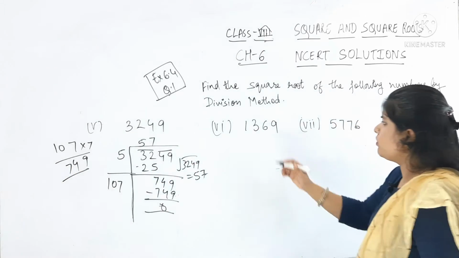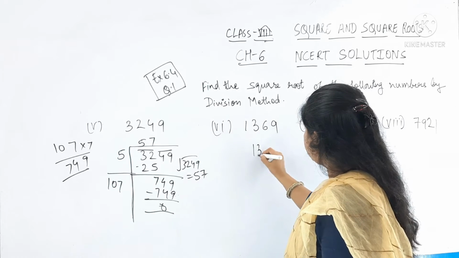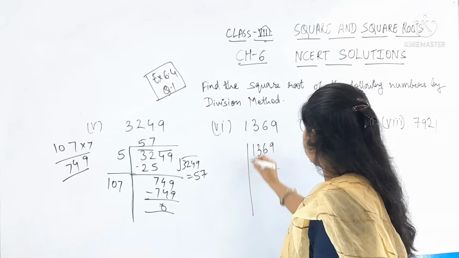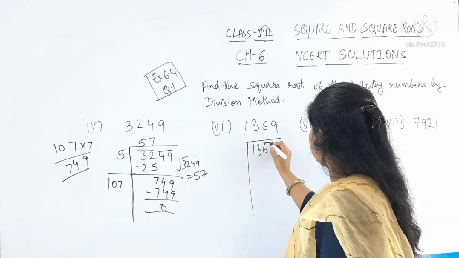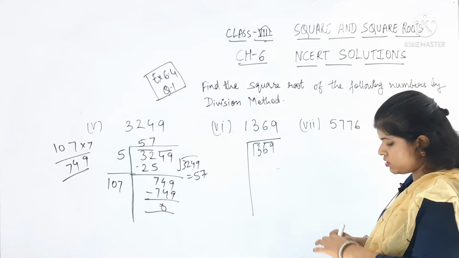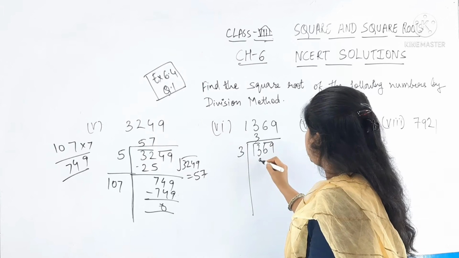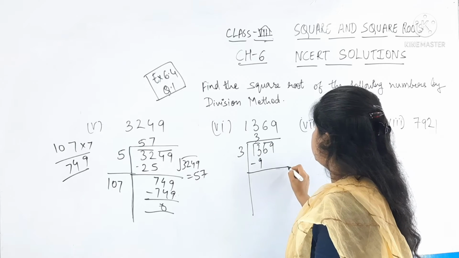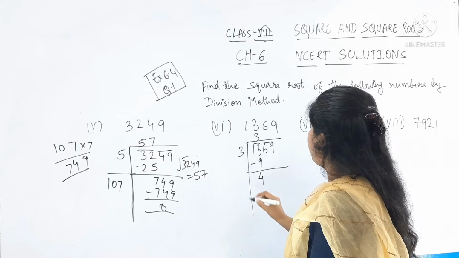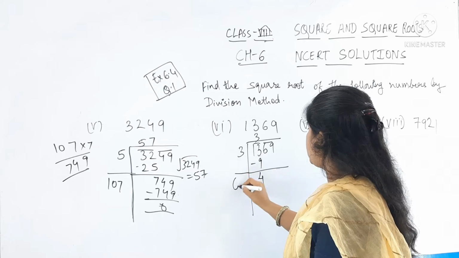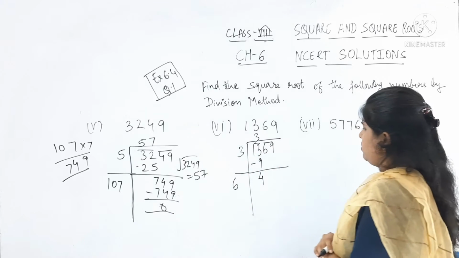Okay, now come here 1369. 3 3s are 9, 4 4s are 16 will be greater than 13. So we have to write 3 3s are 9. So it will be 4. 3 plus 3 is 6. Okay.